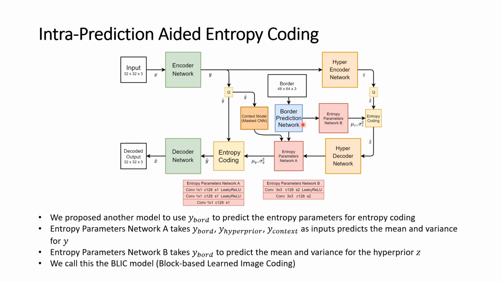We also utilize the border predictive features to help predict the mean and variance for the hyperprior z. We call this model the BLIC model, which stands for block-based learned image coding.